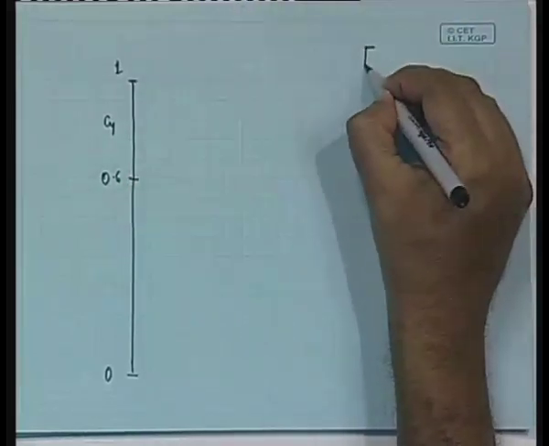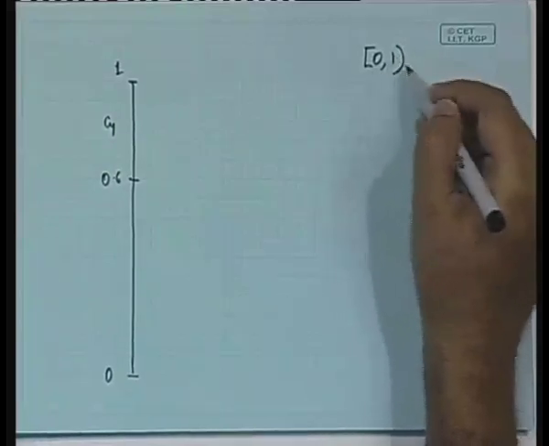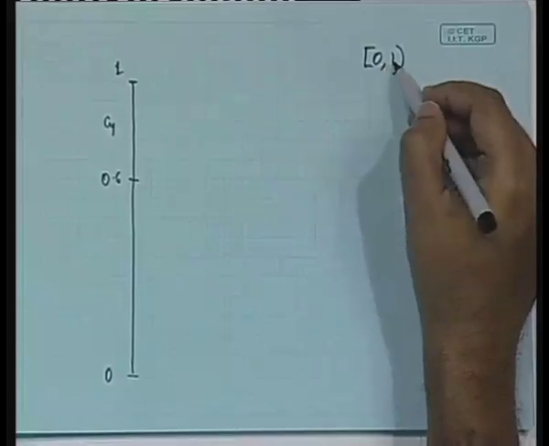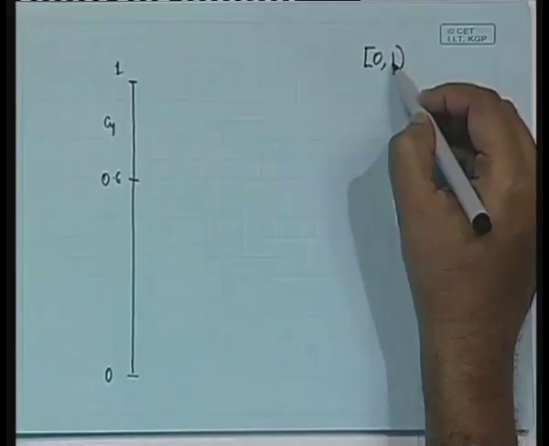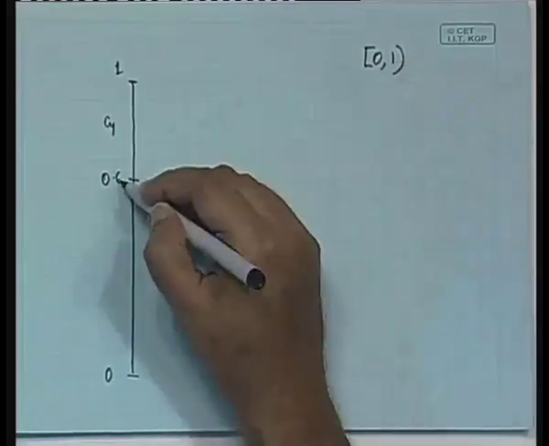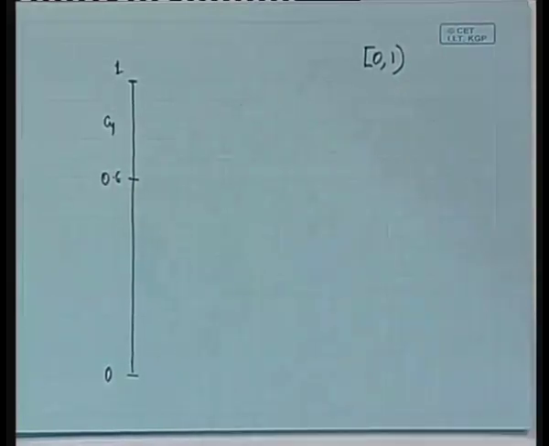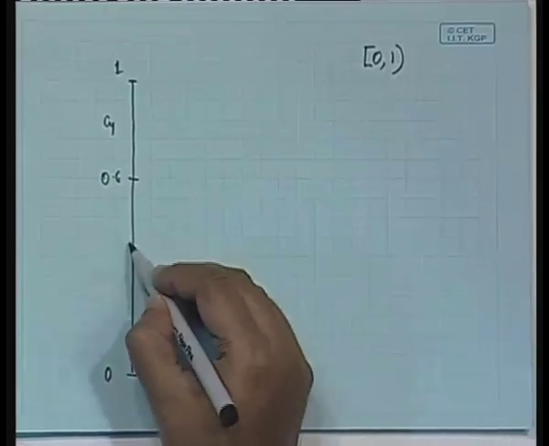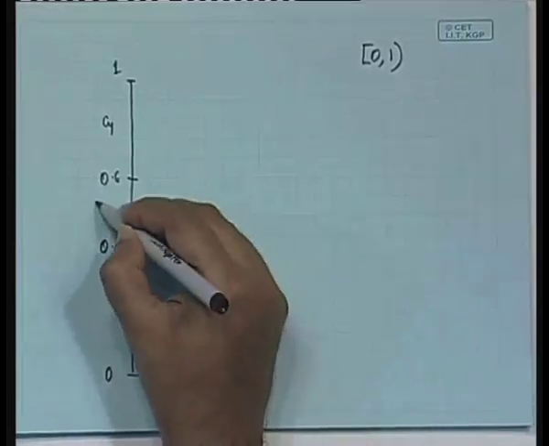The total range is 0 to 1, a half open interval. So 0 is included, but 1 is not included. So 0.6 to 1, this sub range corresponds to A1. Then the sub range of 0.4 to 0.6 corresponds to A2.